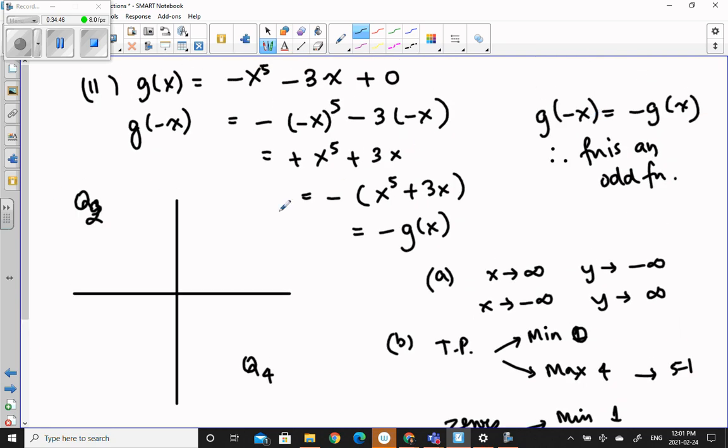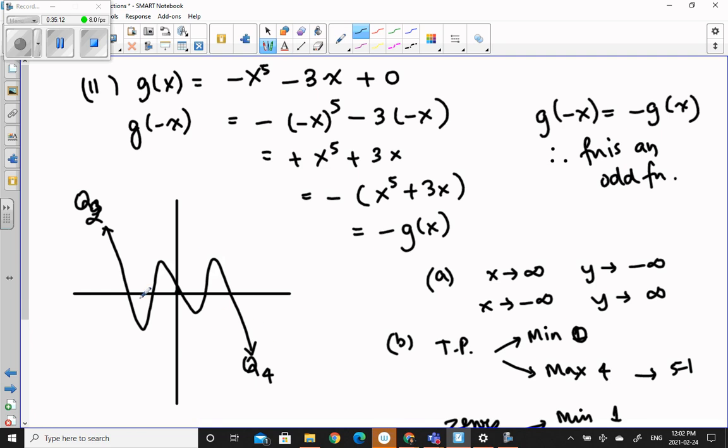Okay, and in this case there is symmetry about the origin, because g of minus x equals minus g of x. So let's try to draw one with 4 turning points and 5 zeros. So let's say it's starting here, 1, 2, 3, 4, 5. So it has 1, 2, 3, 4 turning points maximum, right?